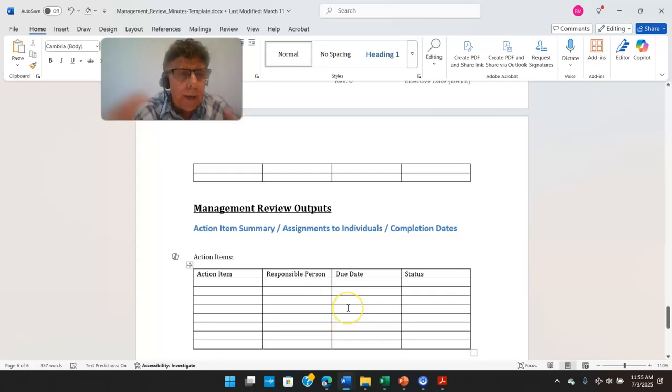So the important part about management review is that you get some action items coming out of the review with responsible people associated with them, due dates, and some sort of accountability follow-up on those actions that need to be done.